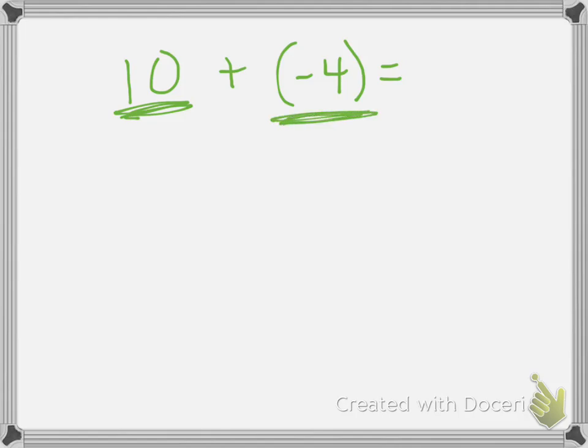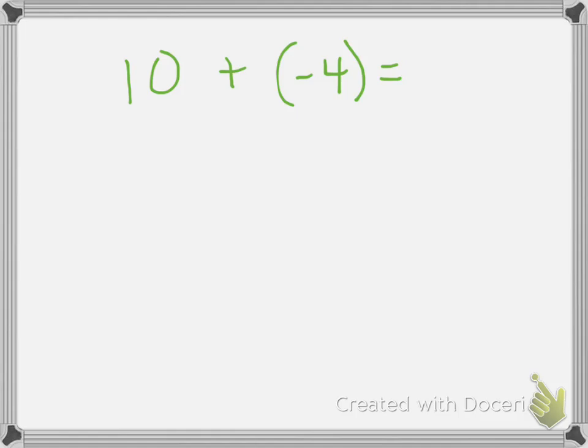The other situation that you could have is if your signs are different. For example, if I had 10 plus negative 4, my signs are different because this 10 is positive and this 4 is negative. The rule is, if your signs are different, find the difference. What that means is to subtract.